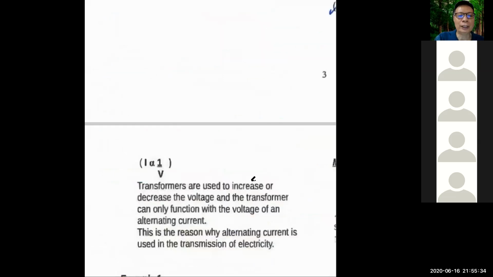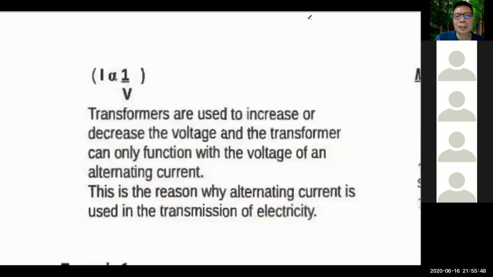A transformer is used to increase or decrease the voltage, and a transformer can only function with alternating current voltage. This is the reason why alternating current is used in the transmission. Do you understand? Just like I showed you the cable throughout the whole country, the big cables all use alternating current. You know why? Because those transformers can only work on AC.